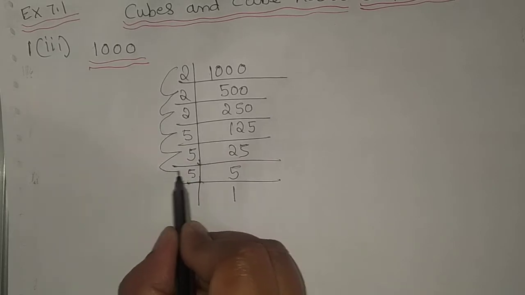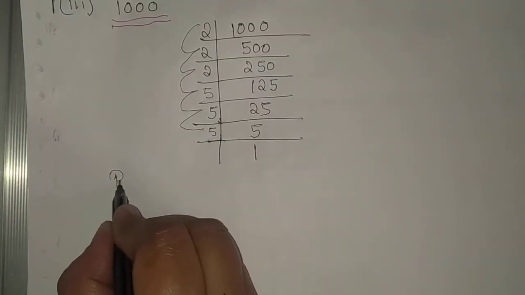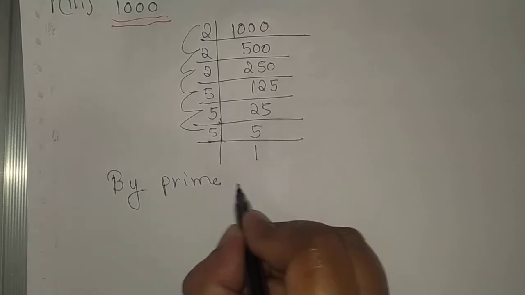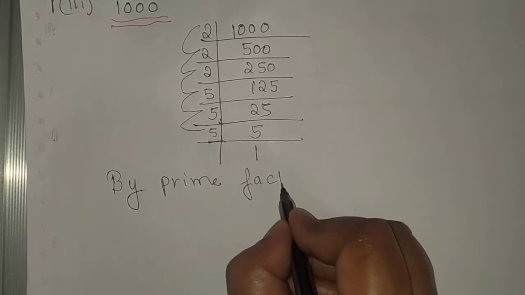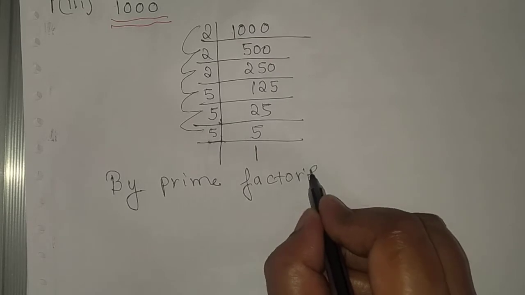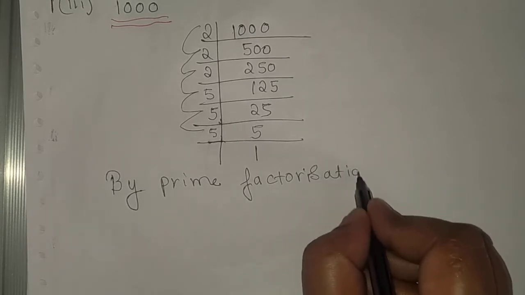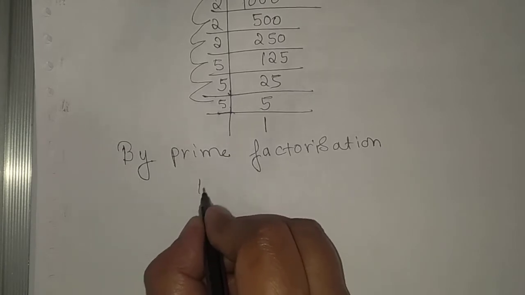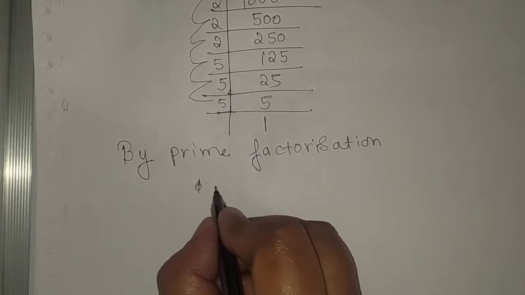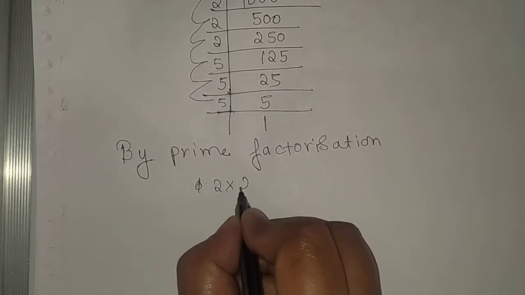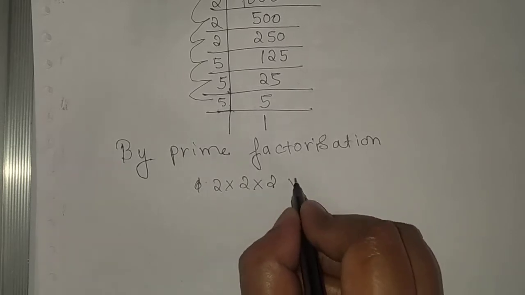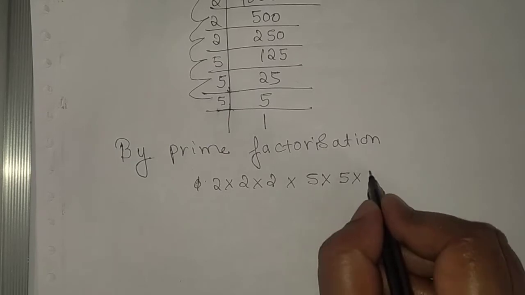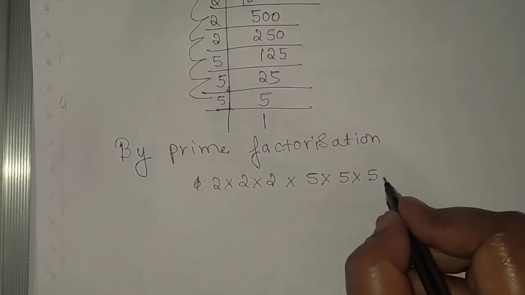So multiply all this and write down by prime factorization. All these steps you have to write. How much do we get? 2 into 2 into 2 into 5 into 5 into 5; there are 3 2's and 3 5's.